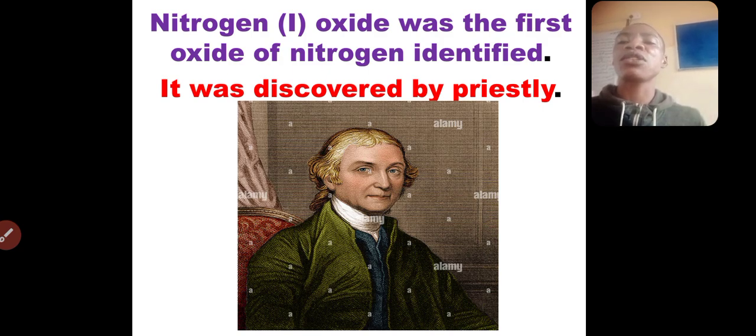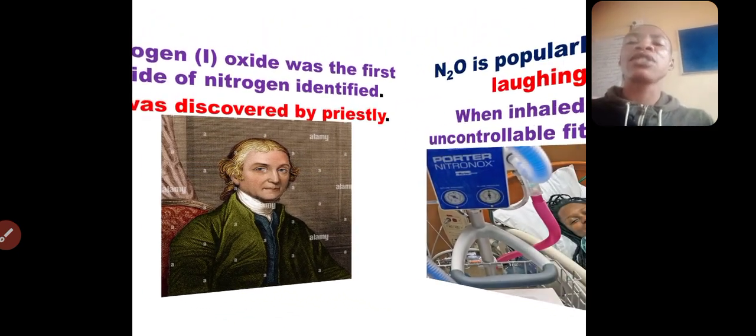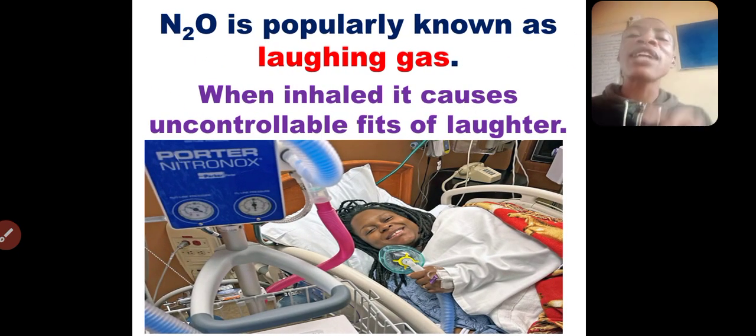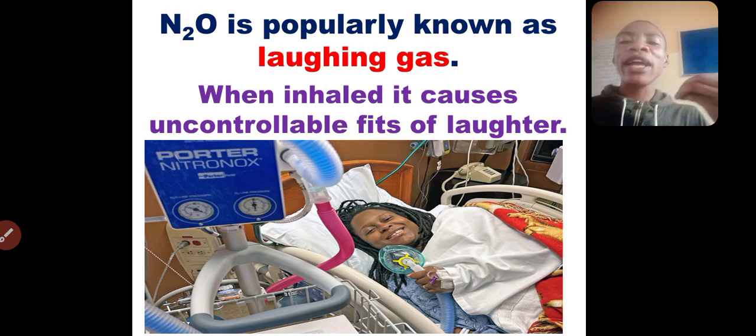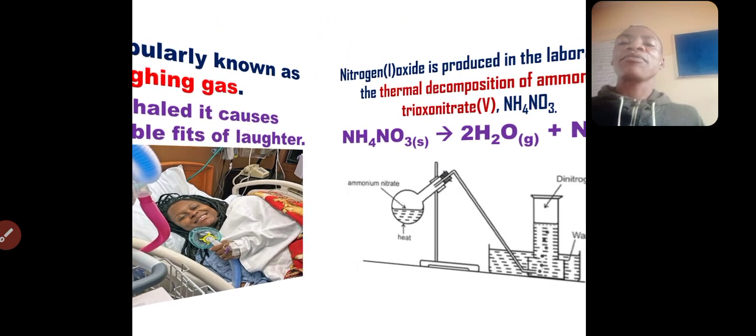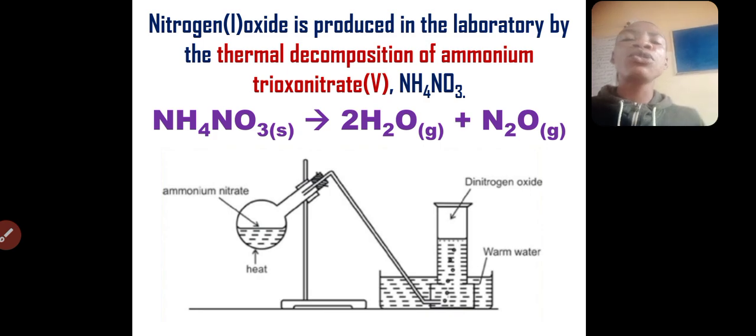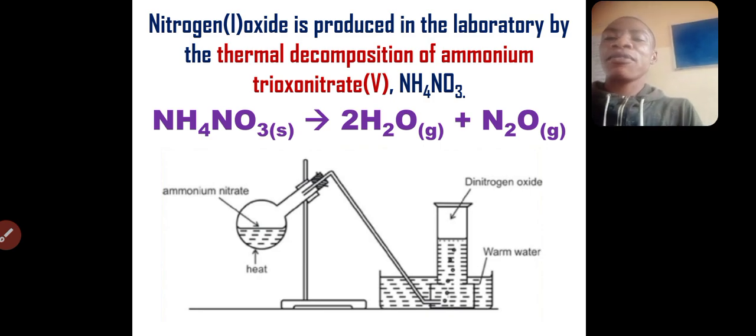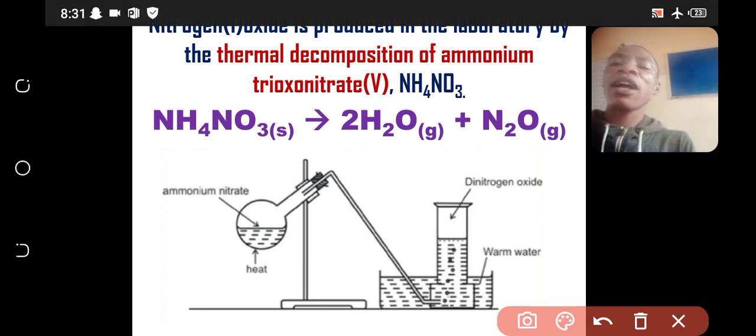It was discovered by Joseph Priestley as the first oxide of nitrogen, and it was popularly known as laughing gas because it produced fits of laughter when you inhale it. It is normally produced by the thermal decomposition of ammonium nitrate 5, that's NH4NO3.